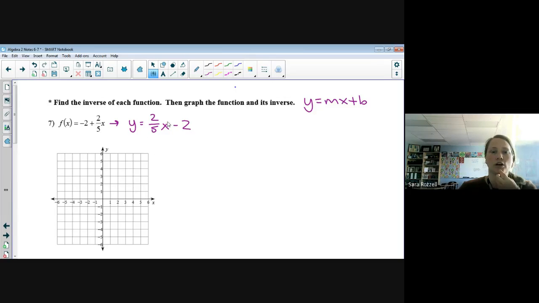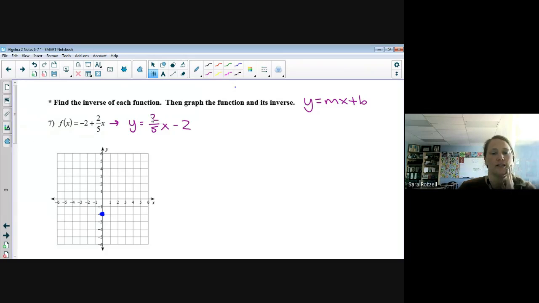So what number are we going to start on for this graph on our y-axis? The y-intercept is the b, so we're going to start at -2 for our starting point. And then our slope tells us to go up how many? 2, and to the right how many? 5.